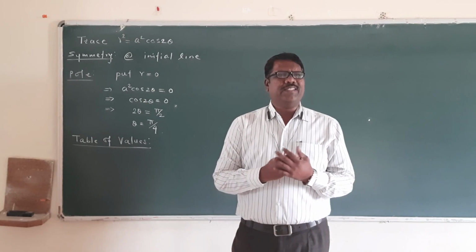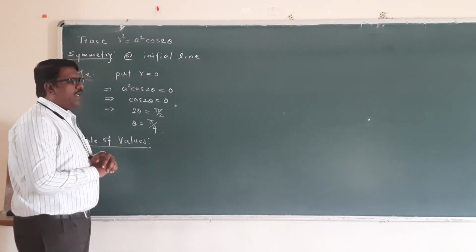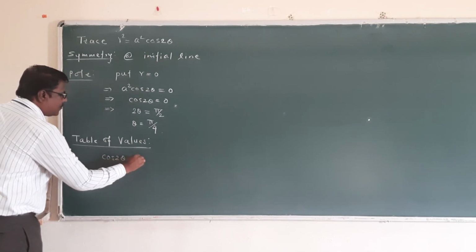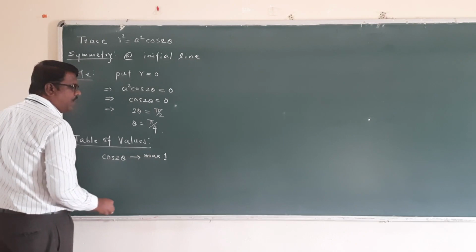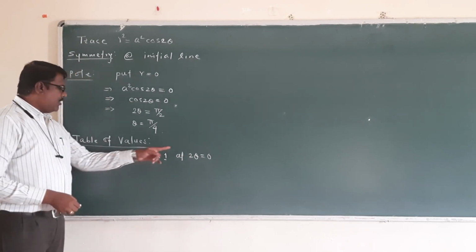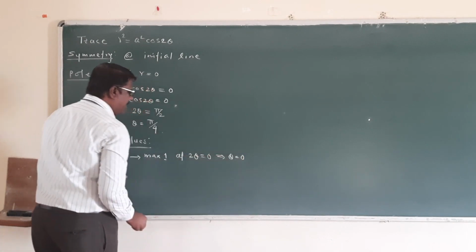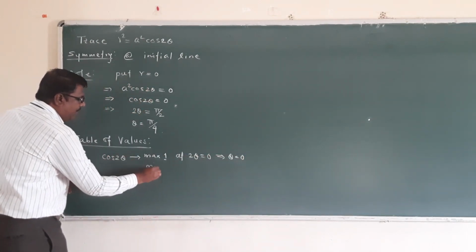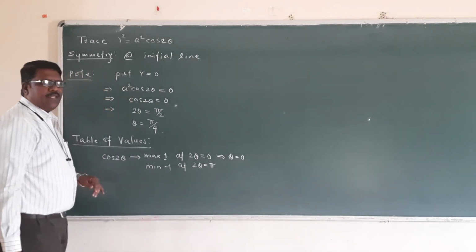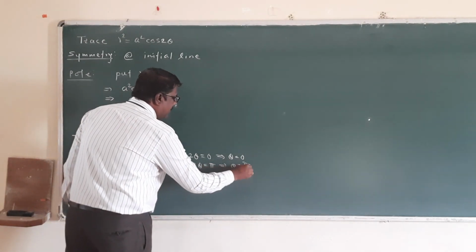Now to decide the range of theta, as the equation contains cos 2 theta, and cos 2 theta has maximum value 1 at 2 theta equal to 0, because cos 0 is 1, and this implies theta is equal to 0, and cos 2 theta has minimum value minus 1 at 2 theta is equal to pi, because cos pi is minus 1, and this implies theta is equal to pi by 2.